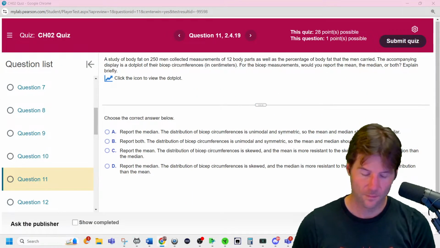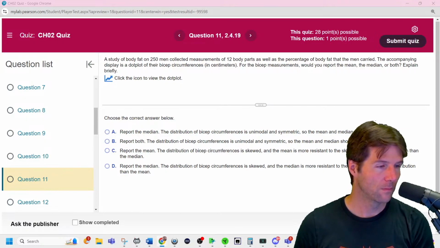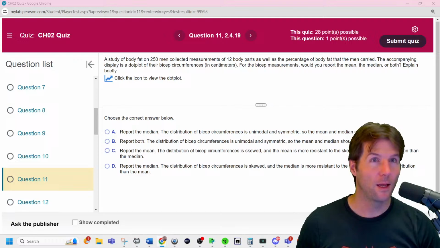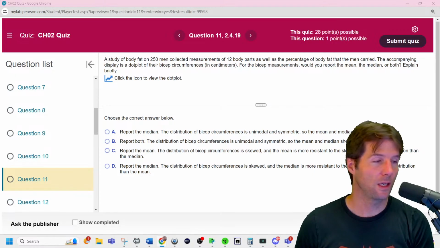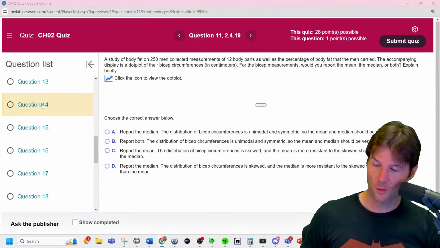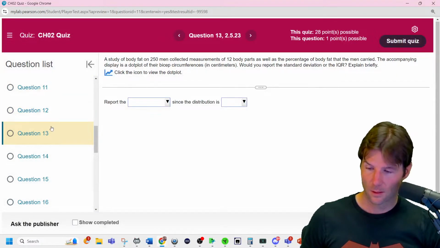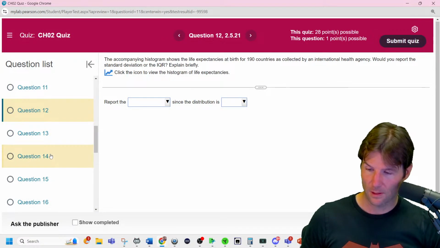Okay. Chapter 2 quiz. And a study looked at. Okay, someone's like, wait, you're not showing the question. Gotta find it. A study looked at body fat.